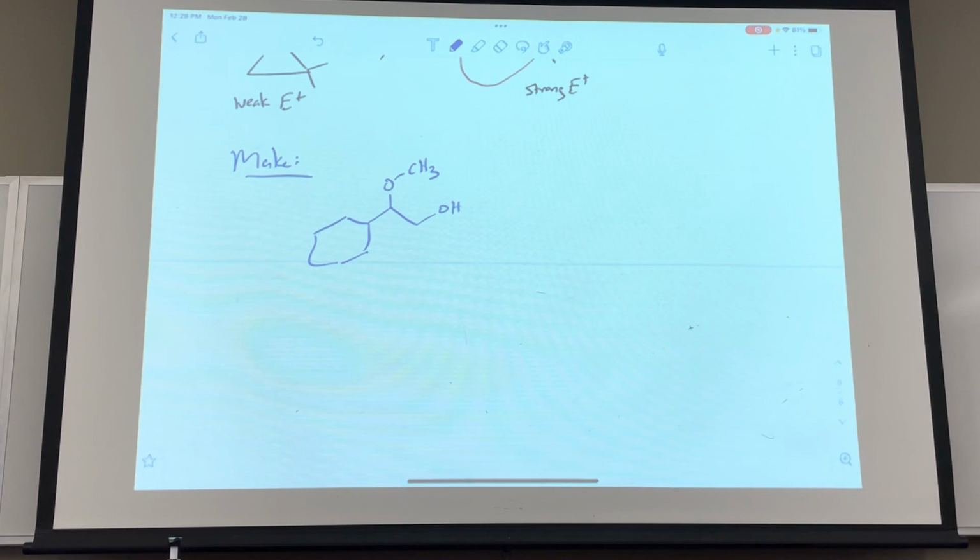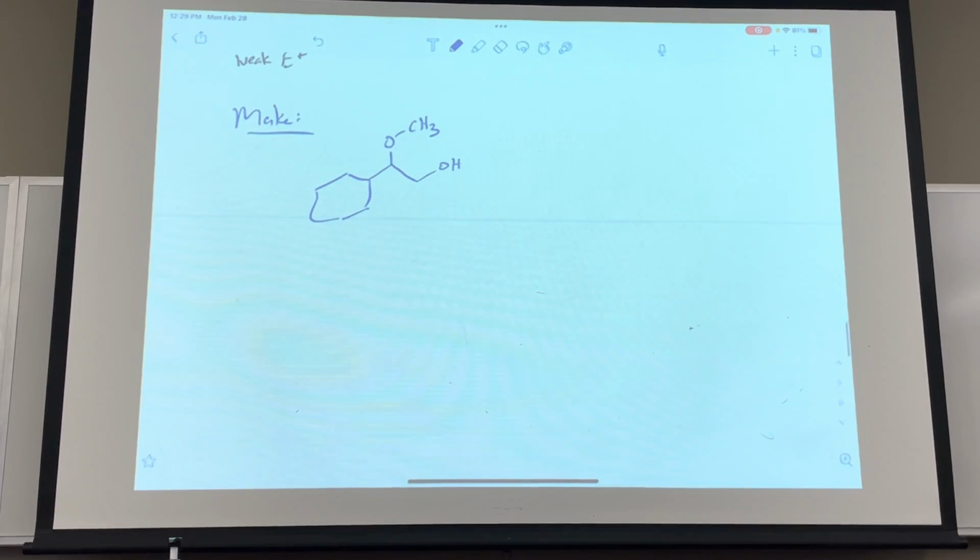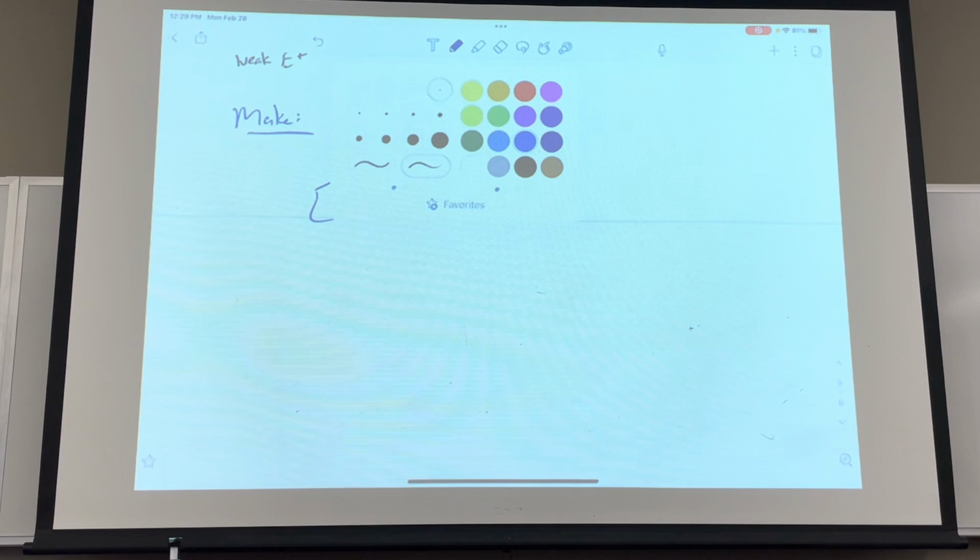What do we think? Could we make this with epoxide chemistry in some way? I think we should be able to do this.